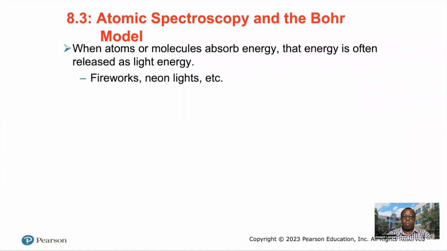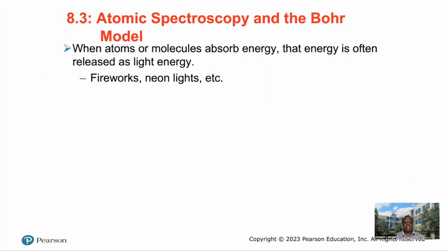Now, when atoms or molecules absorb energy, the energy is often released as light energy. You have seen 4th of July fireworks everywhere, with different colors. You have seen neon light, etc. Let's focus on the fireworks. The reason you see different colors during fireworks is because atoms absorb energy, and once they absorb energy, they get excited.